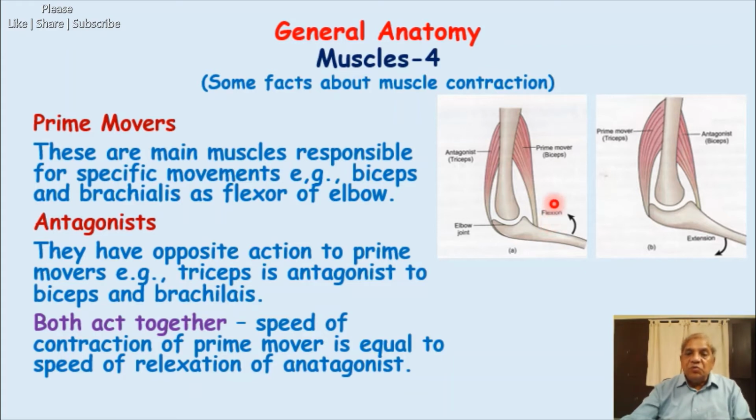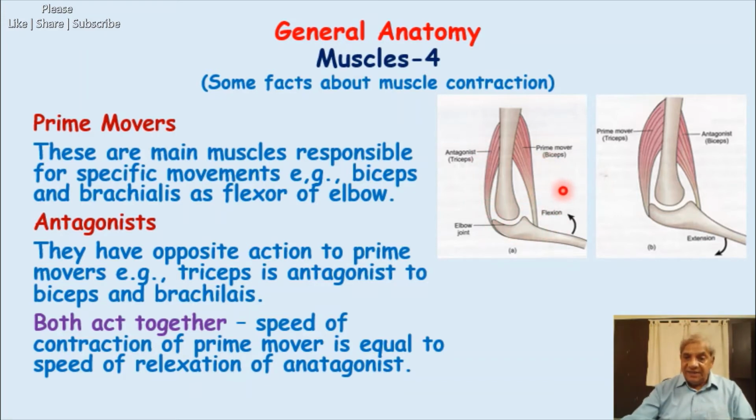It will be a jerky movement, or a sudden movement of flexion. But since the antagonist muscle, the triceps, is relaxing with the same speed, the movements become smooth.